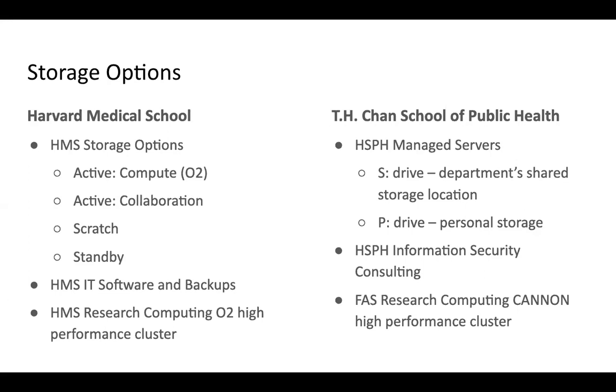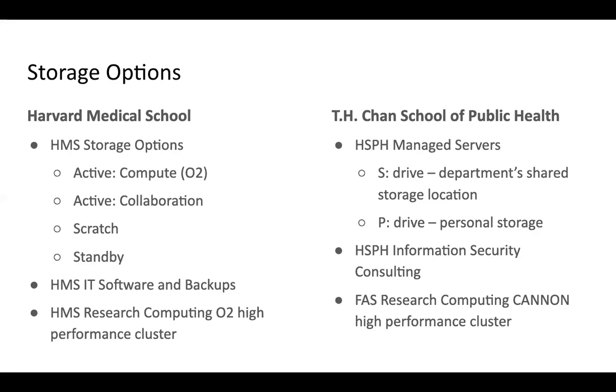They were recently renamed because we wanted to promote the service that they offer. So if they look a little bit different than you are familiar with, I'll go over them in a bit more detail, but they basically come down to our active compute file system, which is also known as the high performance compute cluster, or O2, and the active collaboration space, which is your research.files or your group folders that you might use within your department.